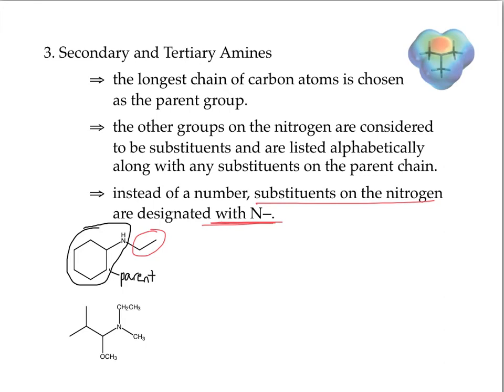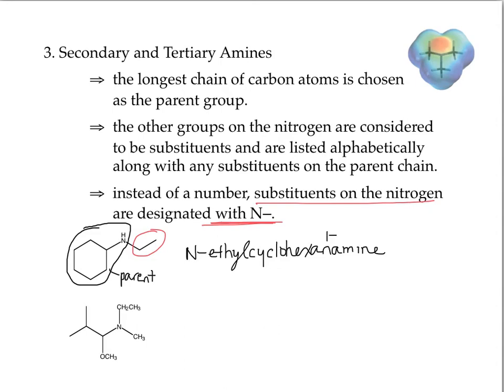it is a cyclohexanamine with an ethyl on the N. So we'll say N-ethyl cyclohexan, I'll drop the E of hexane, so hexanamine. N-ethyl cyclohexanamine. I don't need to put a 1 before amine.